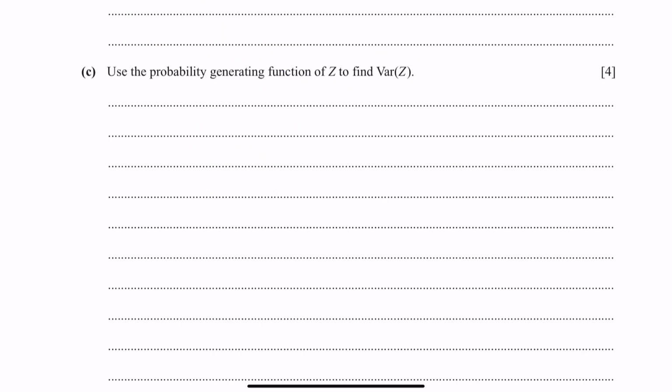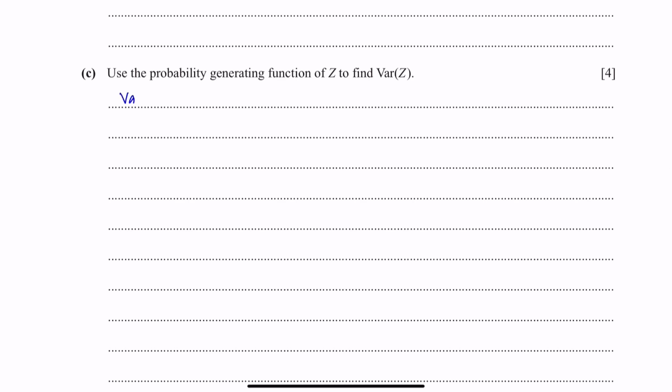Part C. Use the probability generating function of Z to find the variance of Z. So the formula for variance would be G prime 1 plus G prime prime 1 minus the square of G prime 1.